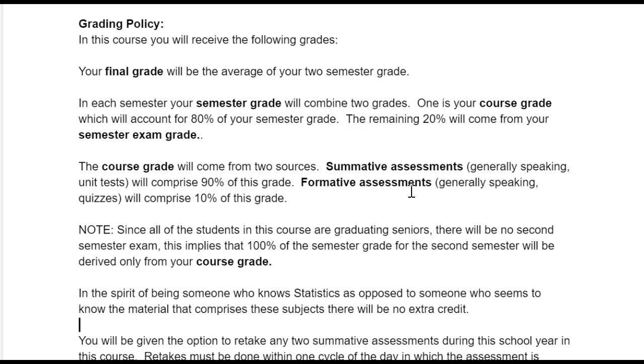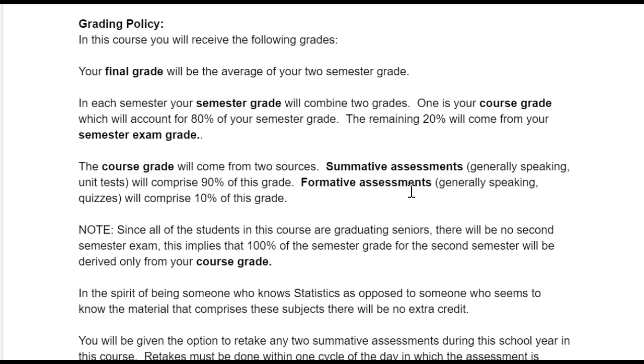One is your course grade, which will be 80% of your semester grade, and the other will be your semester exam grade, which will be the 20% of that semester grade. The course grade comes from 2 sources in my class. It'll come from summative assessments, which are generally speaking those 8-unit tests, and this will comprise 90% of your course grade. And formative assessments, which will be basically quizzes, will comprise the other 10% of the grade.